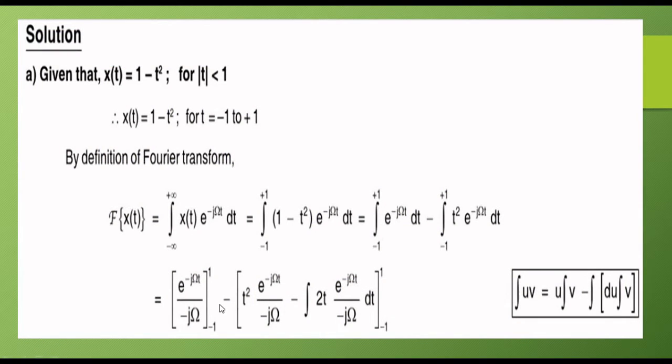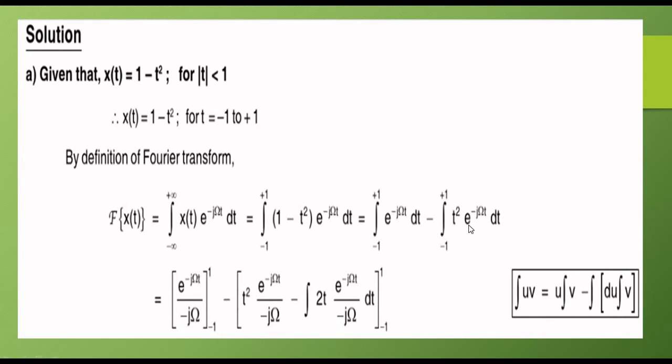Now, as you can see here, I have a few terms. Let's check how we have actually arrived at this. Integral minus 1 to plus 1 e power minus j omega t dt is a very simple integration which will give you e power minus j omega t by minus j omega between the limits minus 1 to plus 1. But look at the second term, integral t square e power minus j omega t dt.